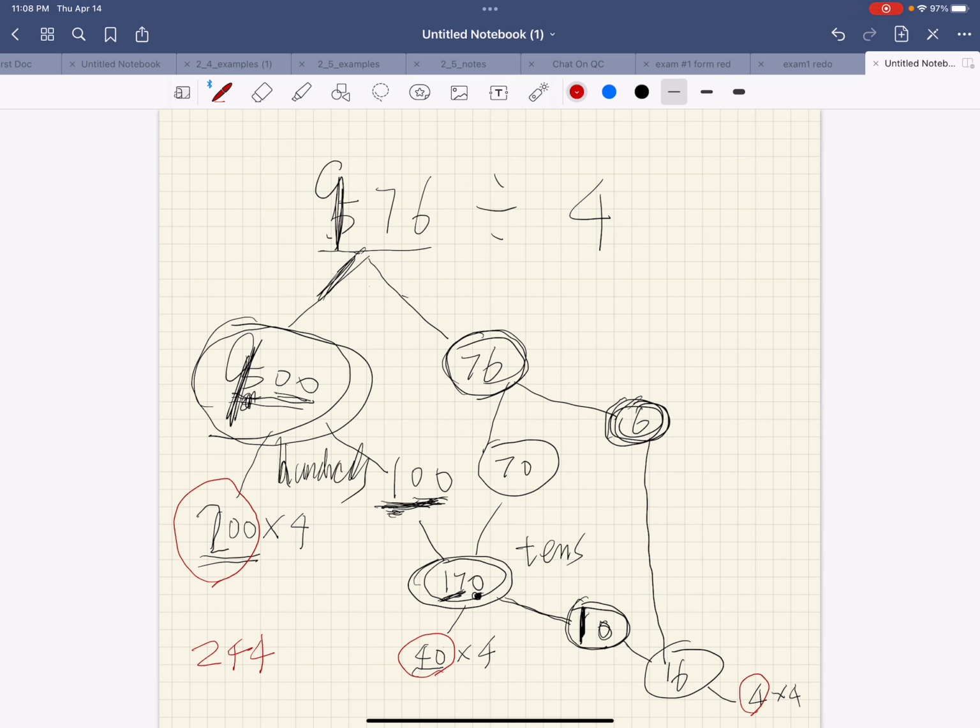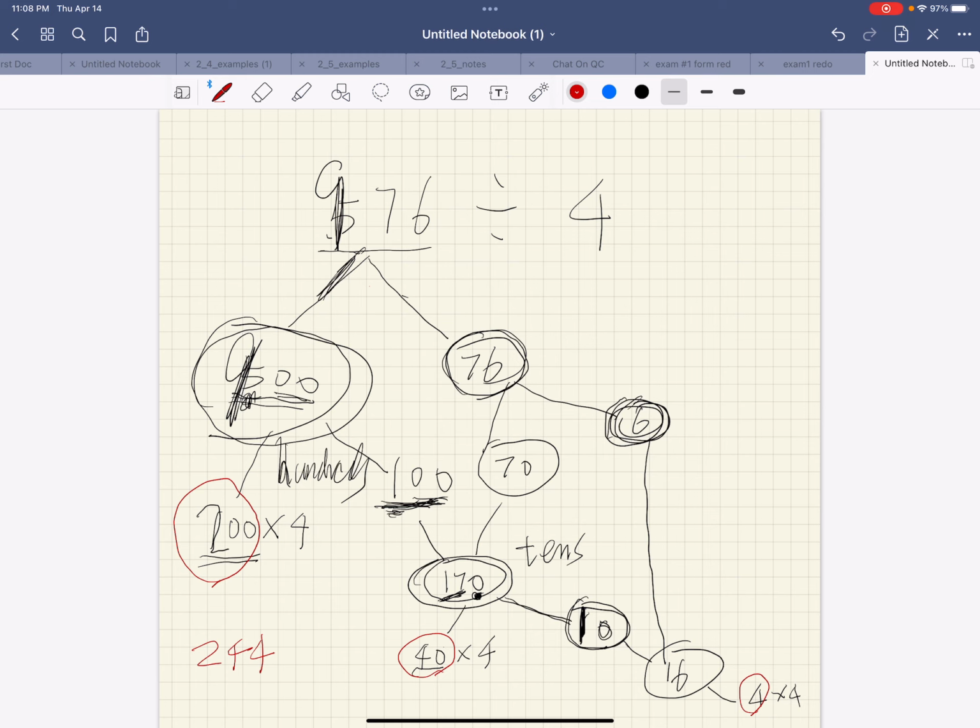So this is the idea behind long division. Every time I ask myself, can I take as many small bags as possible?